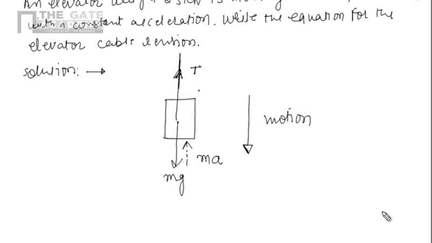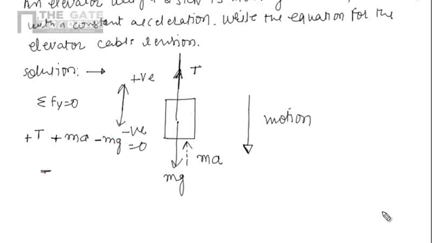So now it is in equilibrium, so we can apply the conditions of equilibrium, that is, the algebraic summation of all vertical forces should be 0. In the vertically upward direction we have T. According to our sign convention, vertically upward is positive and vertically downward is negative. So this one is positive. The inertia force ma is also upward, and mg is downward.